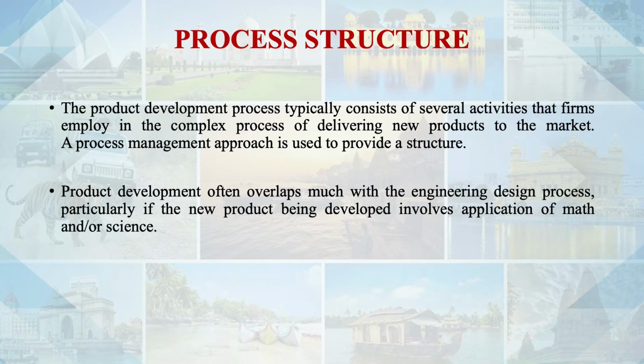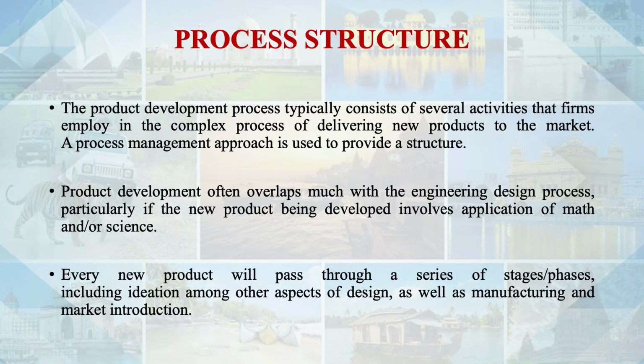Product development often overlaps much with the engineering design processes, particularly if the new product being developed involves application of math and some applications of scientific principles. Every new product will pass through a series of stages, or we can say a series of phases, including ideation among other aspects of design as well as manufacturing and market introduction.